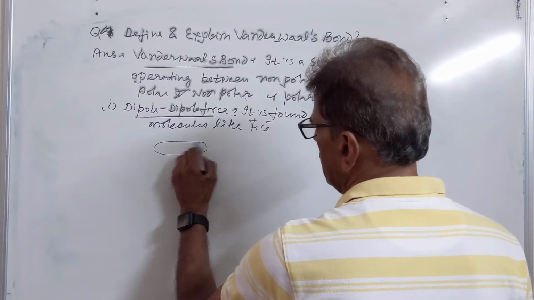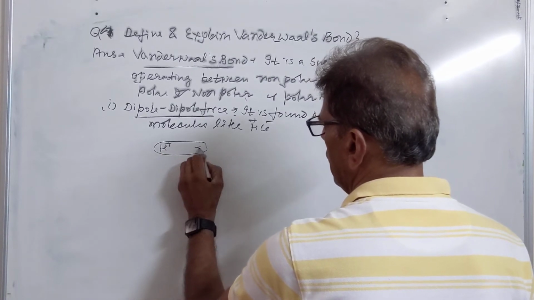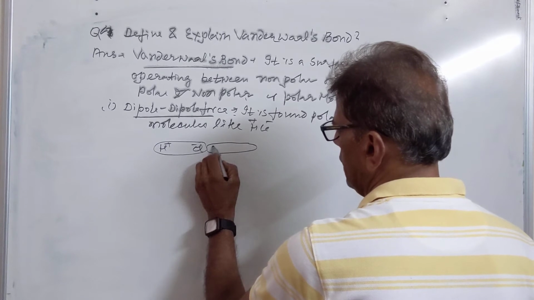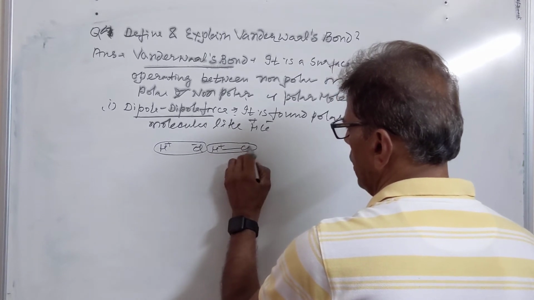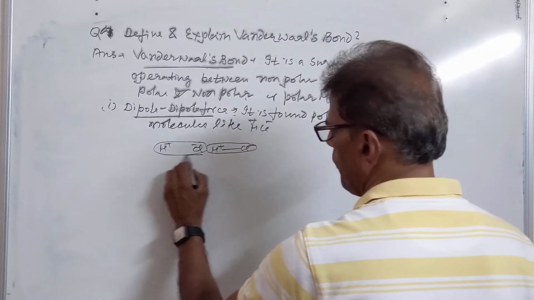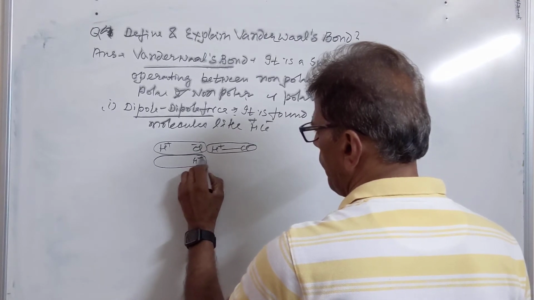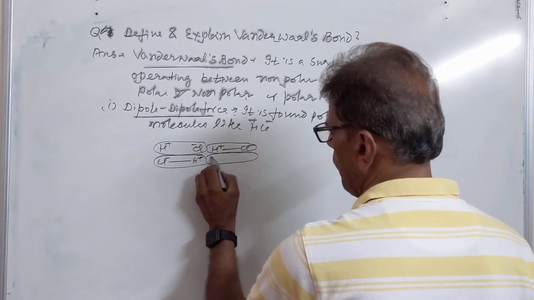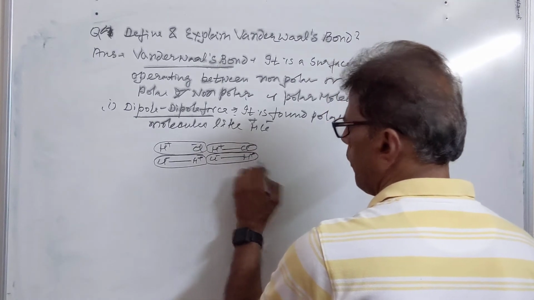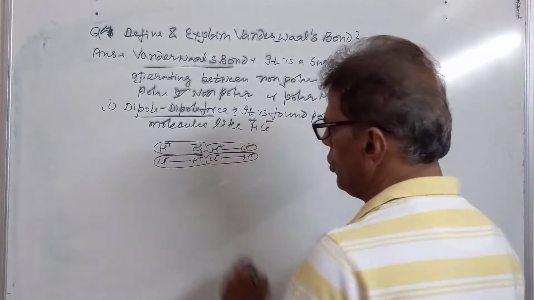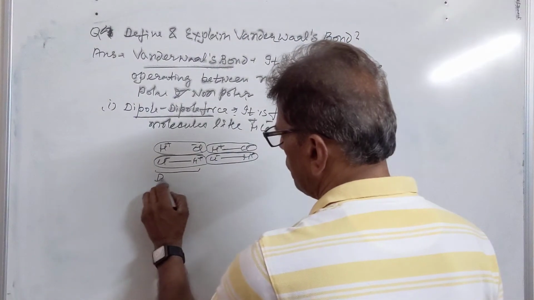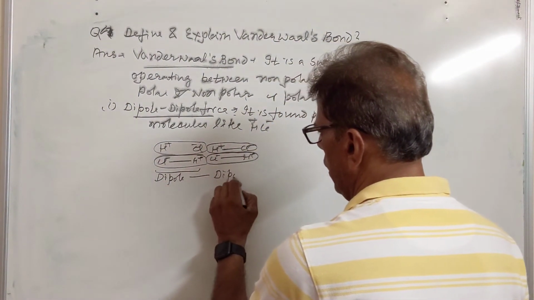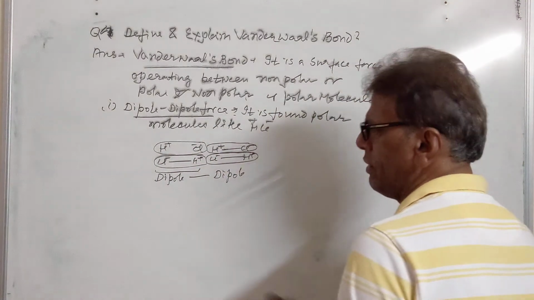When HCl is in the liquid state or in the solid state, it has this type of force among its molecules. This is dipole force. This is one dipole, this is another dipole. They are held by positive and negative centers.